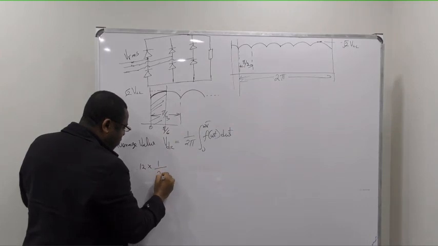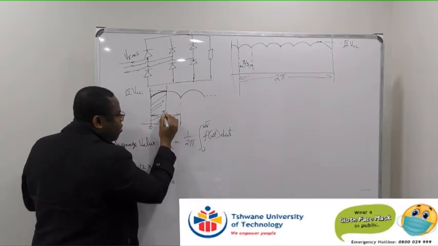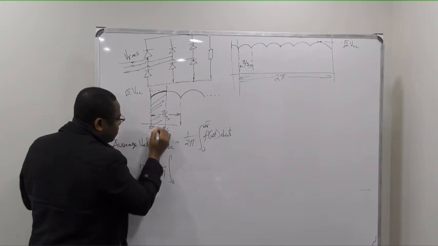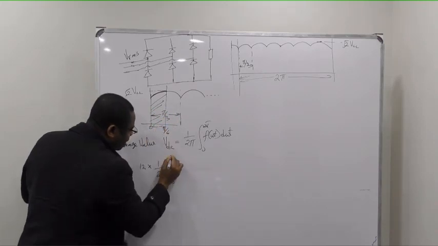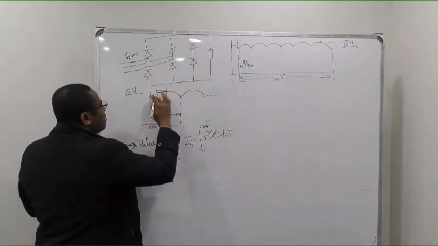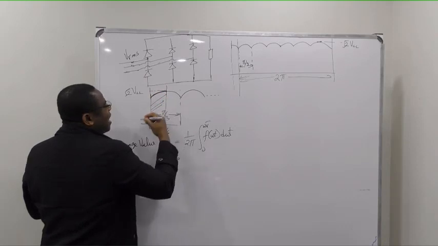So I'm going to have 1/2 pi, the integral from 0 to here. Remember, if from here to here is pi/3, dividing pi/3 by 2 gives pi/6. So the upper limit is pi/6. This is a cosine function, it's not starting from 0. If it started from here, it would be a sine function.